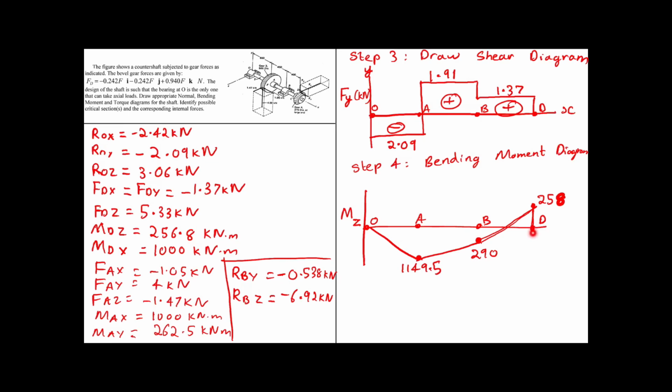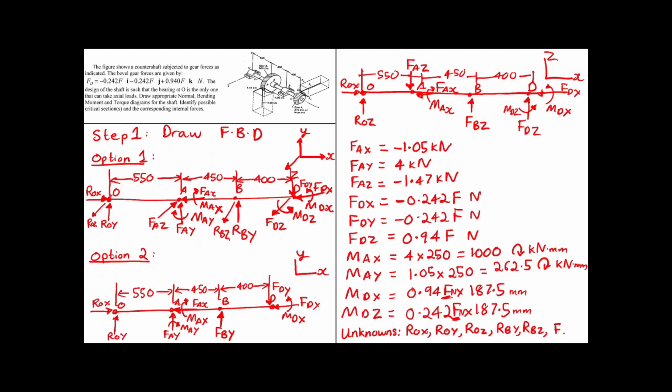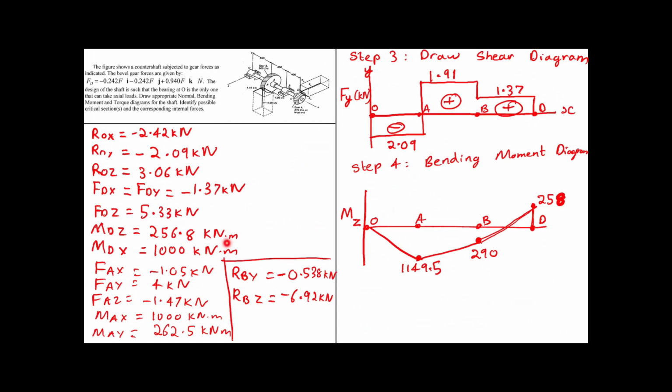Now, how did this come back to zero? If you remember in the free body diagram, we had the moment in z, MDZ, right? So this MDZ had a value of 256.8, which is almost close to 258.